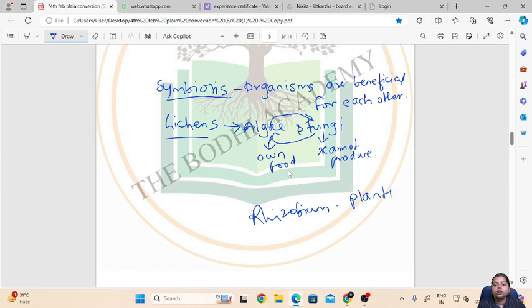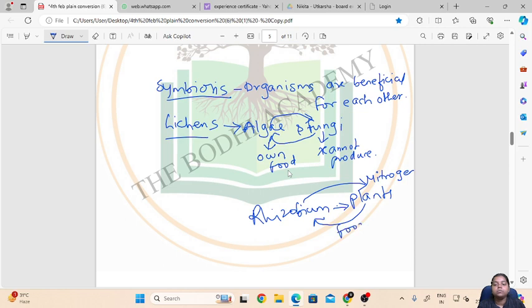The plant will provide food to rhizobium, and rhizobium will provide, not shelter, but soluble nitrogen which the plant requires.